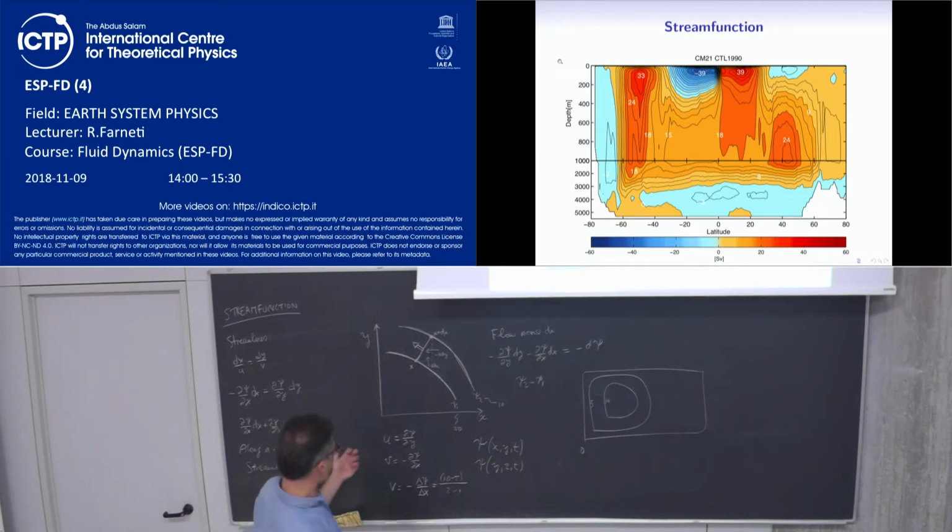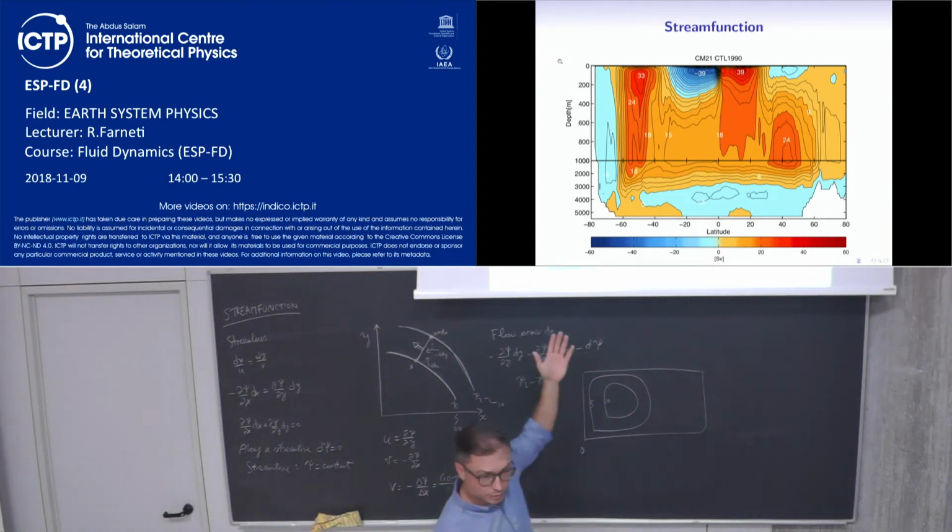You take a velocity vector u and v in the ocean, so oceanic currents, in the latitude-depth plane. You build your stream function, which is all those black lines. All those black lines are stream functions of a different value. And you can depict the overturning circulation in the ocean just as we did in the atmosphere.